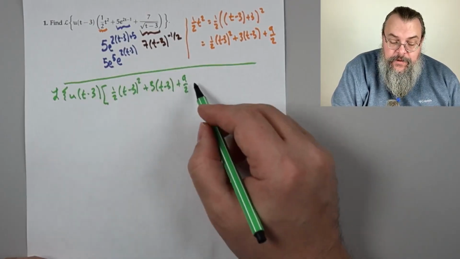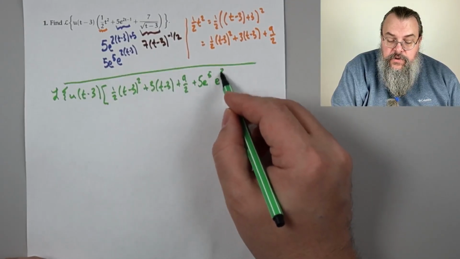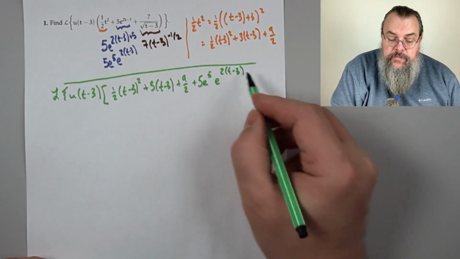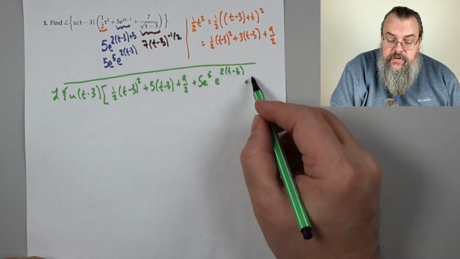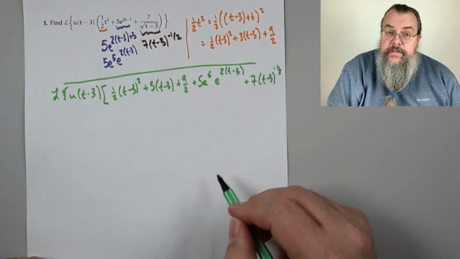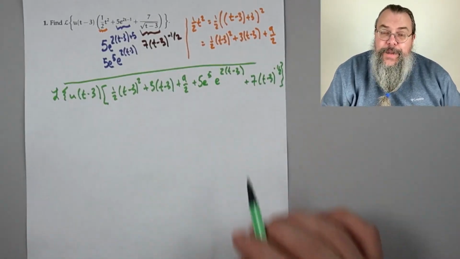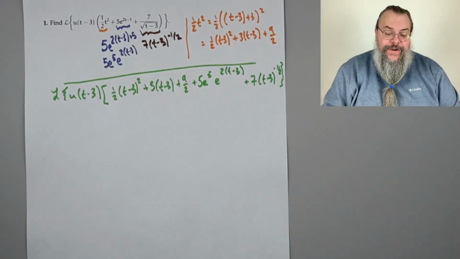And then we have a plus 5 e to the 5th times e to the 2 times t minus 3. And then plus 7 times t minus 3 to the minus a half. There we go. It fit on the paper just barely, but that still counts.